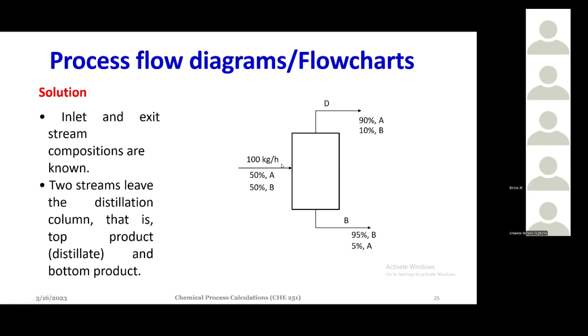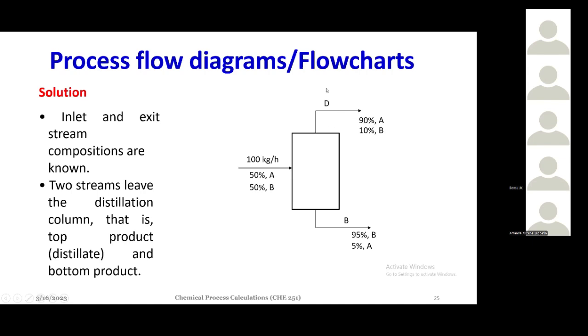And then the other thing you should also take note of is that the components which are present in that 100 kg per hour won't get lost. They're also coming out. So if I take this stream, the amount of A present in the stream, mind you, this is not an amount of A. This is just a fraction. It is just saying that any value you have here, A has 90% of that value, but we don't know that particular value, right?